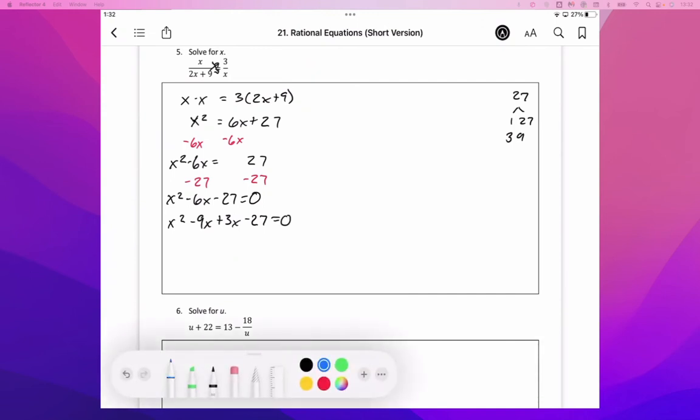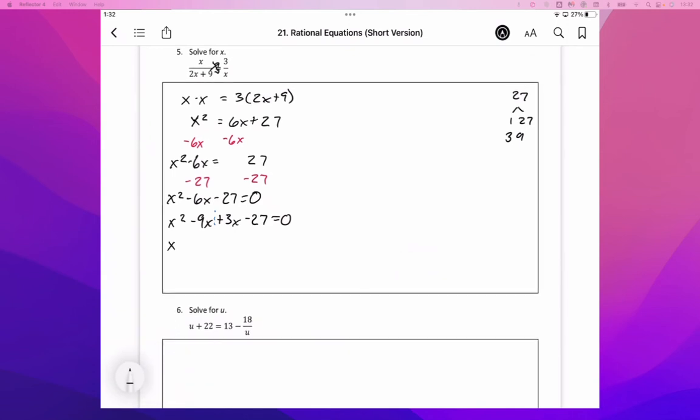We do our factoring by grouping. On the left I can factor out an x, and I'm left with x minus 9. On the right, I'll factor out a 3, and I'm left with x minus 9.